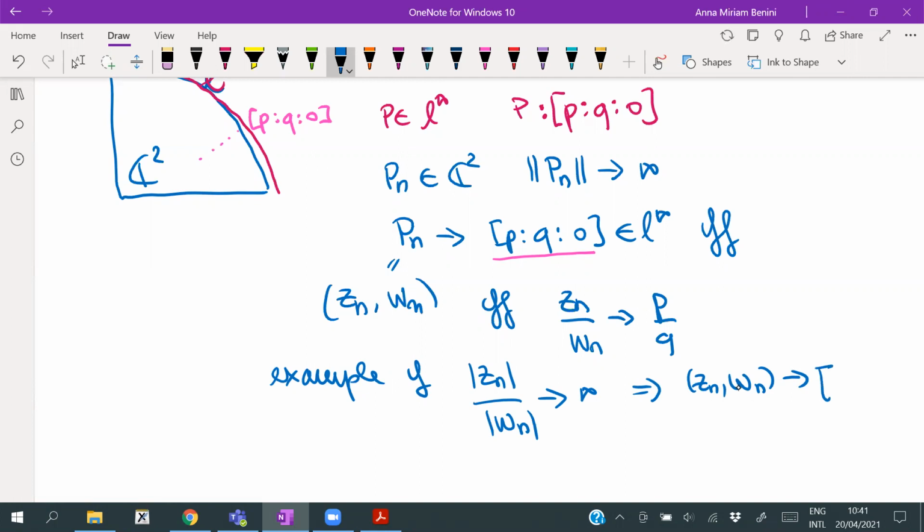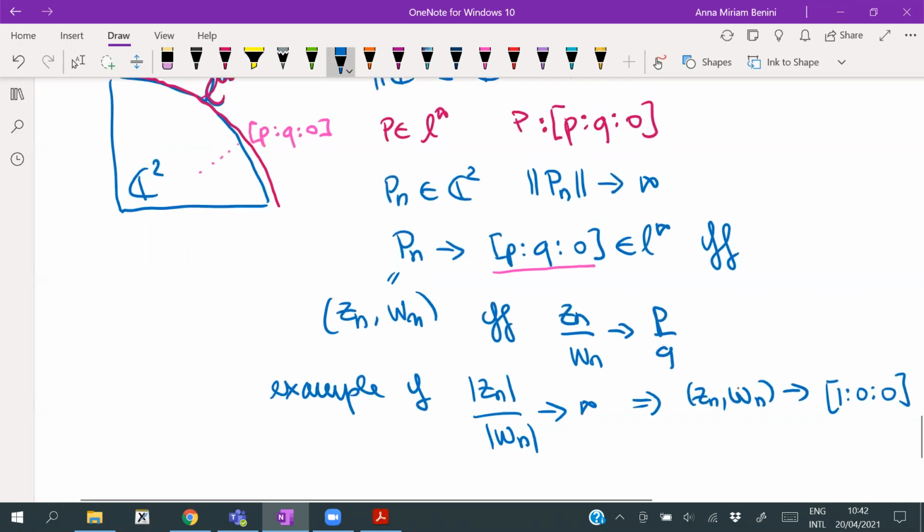So they converge to the point infinity, 0, 0, which is not the correct way of writing it. What people do is to write 1, 0, 0. So the ratio of modulus of Zn over modulus of Wn converges to infinity, which is exactly equal to, say, 1 over 0.